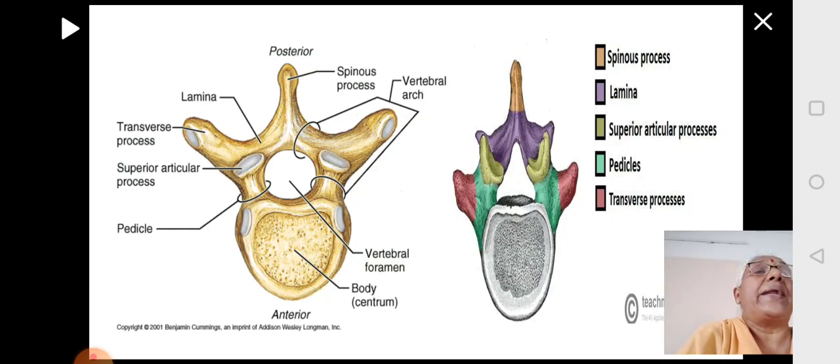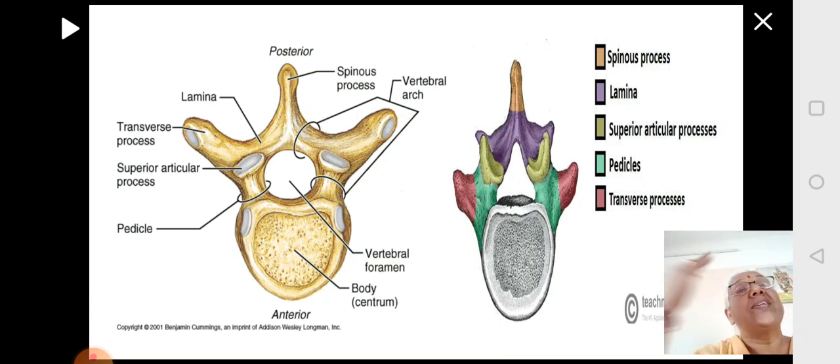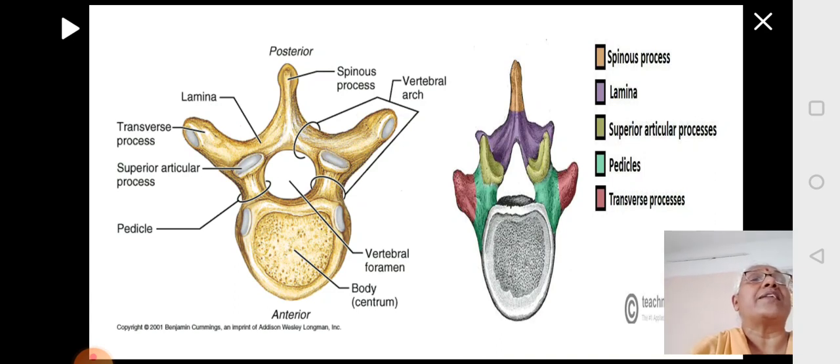Dark green is the pedicle, and the one which is maroonish is the transverse process, and you can see the body or the centrum. Now the body or the centrum is connected to the transverse process with the help of the pedicle, and the spinous process is connected to the transverse process with the help of the lamina.